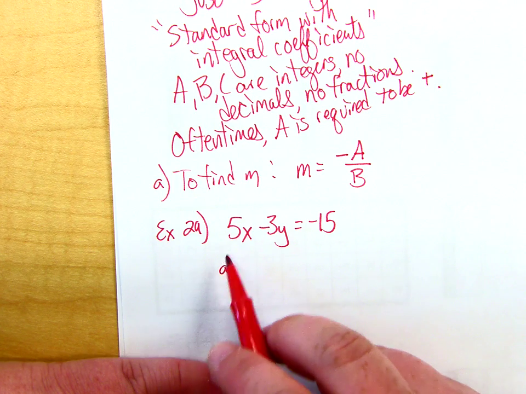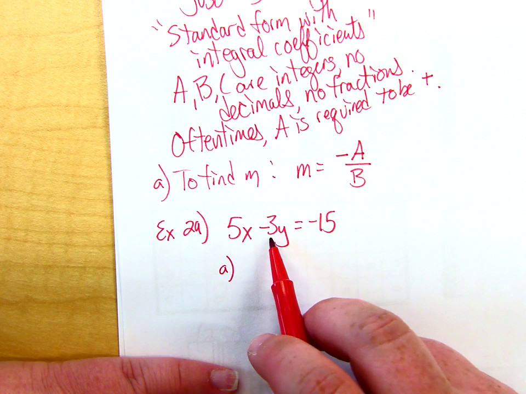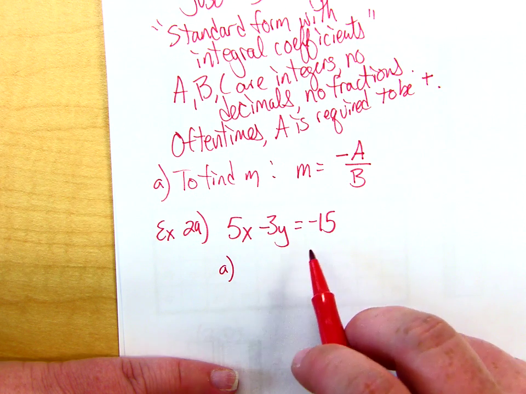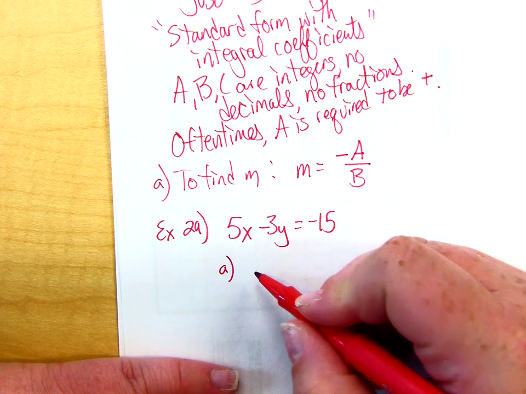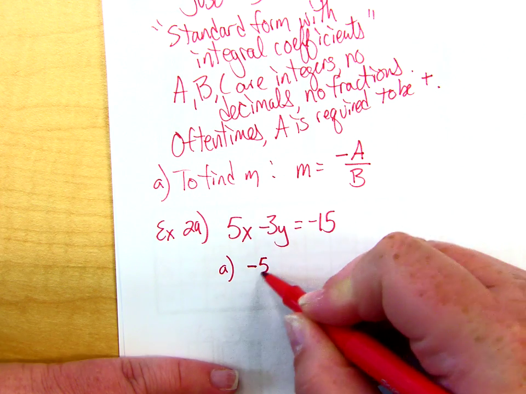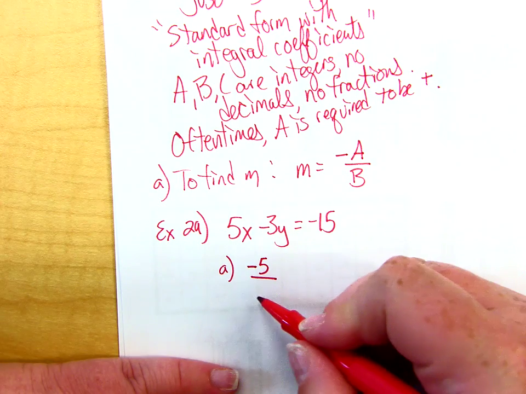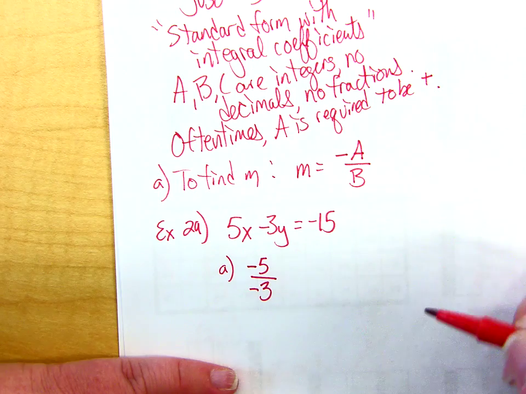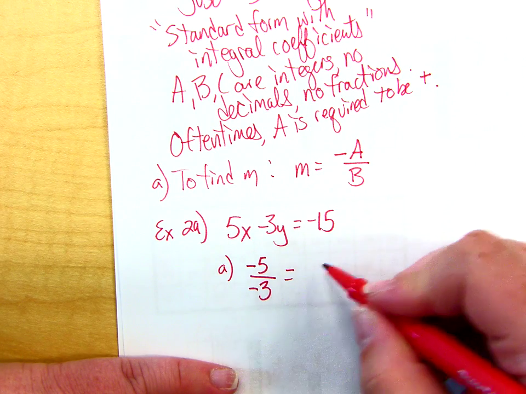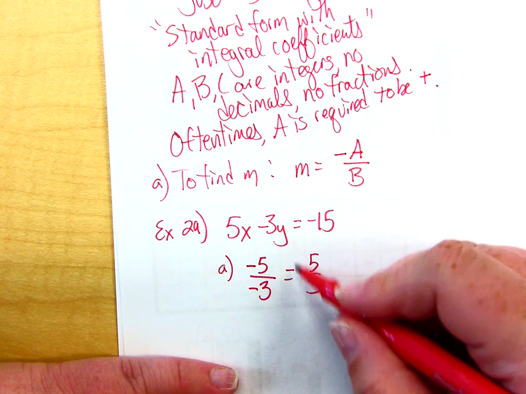So, looks like a is 5, b is negative 3, and c is negative 15. So, let's do negative a, so it would be negative 5, over b, which is negative 3. So my slope would just be positive 5/3.